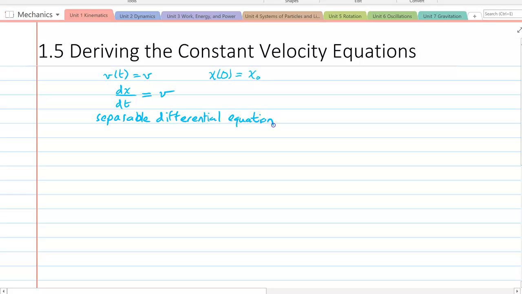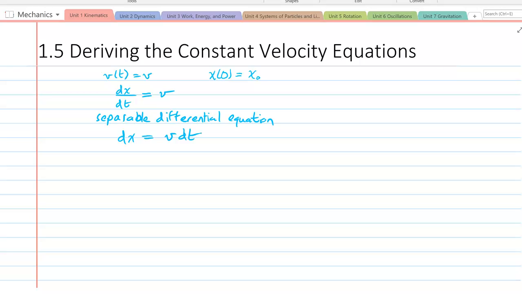Let's walk through the process of solving it. Our first step is to separate the dx and dt. They're usually thought of as a thing together, but now we're separating them. I multiply both sides by dt, so dx equals v dt. That's always the first step of a separable differential equation.